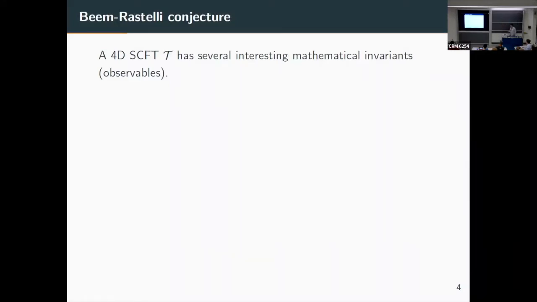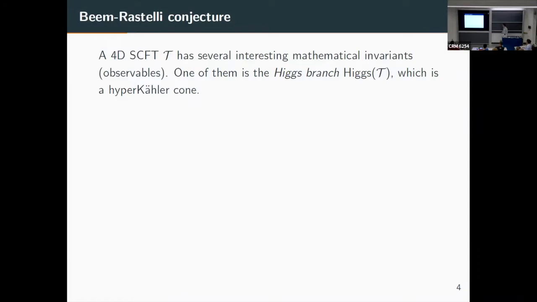One of them is the so-called Higgs branch, which is a hyperkähler cone. It's a geometric invariant attached to 4-dimensional theory. So if you believe the previous statement, you should be able to recover this geometric invariant from the vertex operator algebra, which is a purely algebraic object.